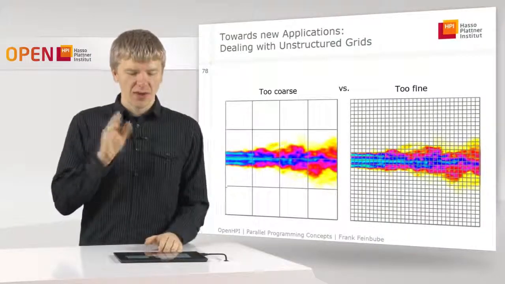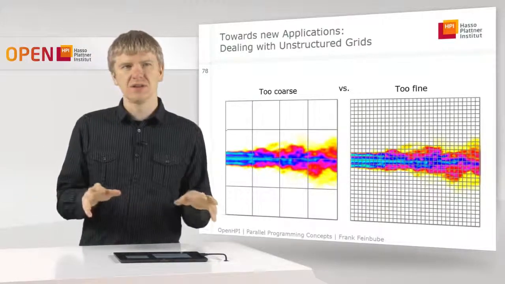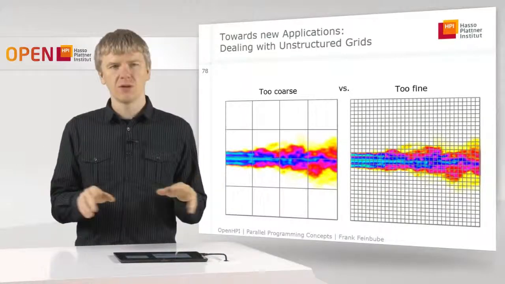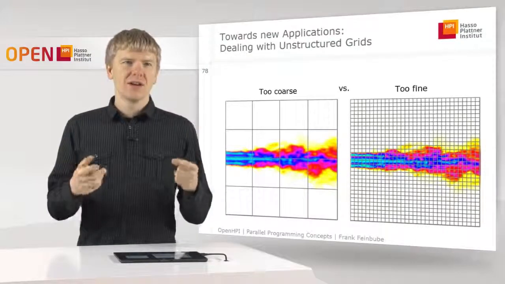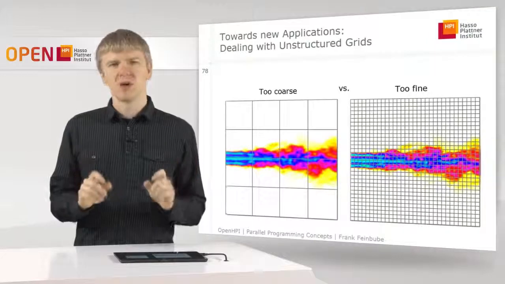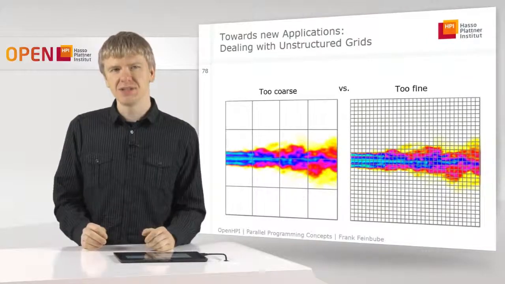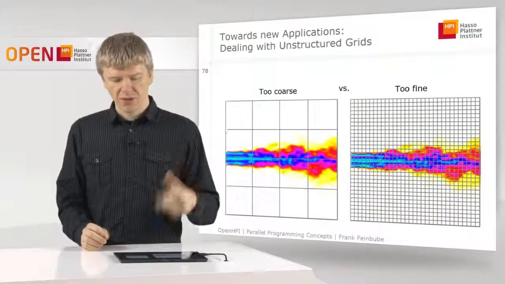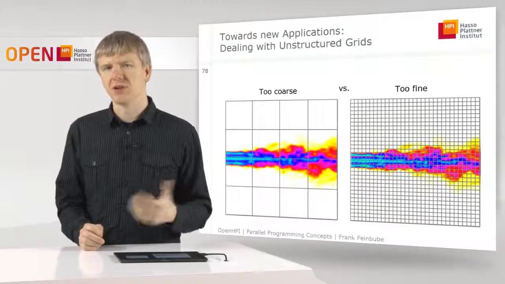And there we have the choice between having a very coarse-grained overlay and a very fine-grained overlay. And if it's too coarse-grained, then we only have a very small amount of threads. And as we've already learned, having a small amount of threads is always a bad idea, because then you cannot leverage the full performance of the parallel units.